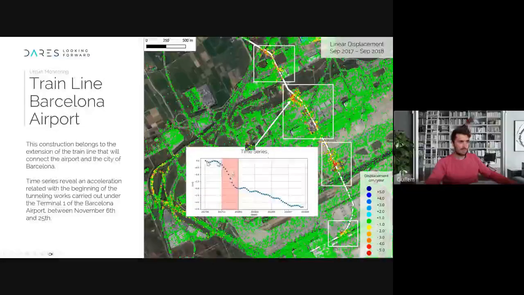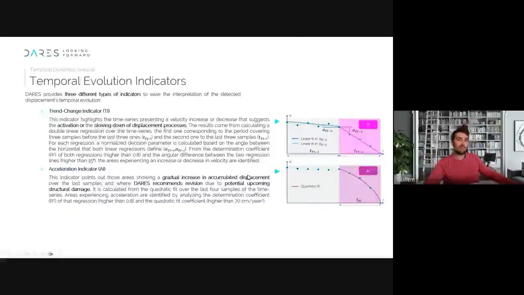For example, here, this is time, this is displacement. We could see that a given point here was experiencing subsidence, and between November 2017 and January 2018, there was an increase in the velocity of displacement. This is why I say that from here, you can start playing with data coming from InSAR.